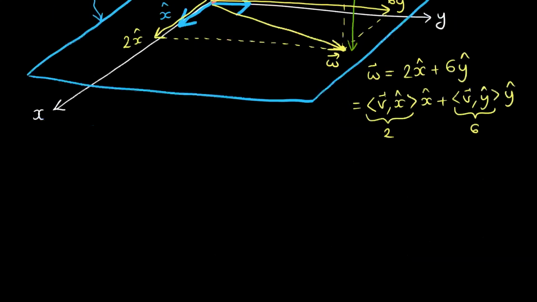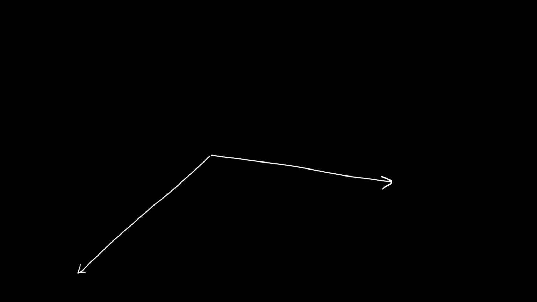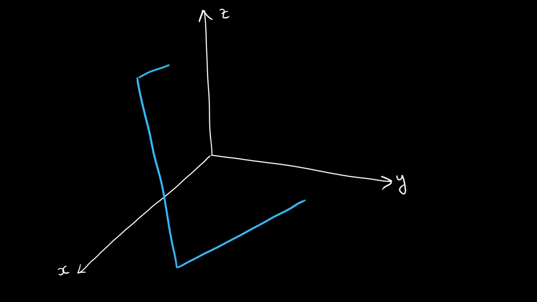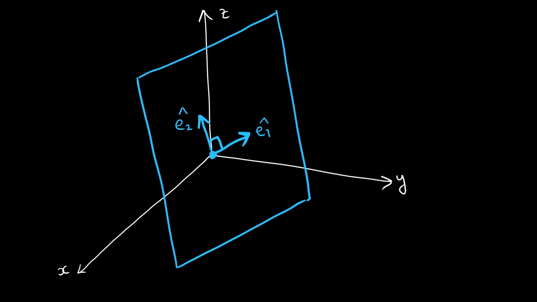This way of projecting a vector into a subspace can be applied to more general cases. For instance, consider a subspace plane written in terms of two basis vectors that are orthonormal, e1 hat and e2 hat. Now consider any vector V in the general 3D space.